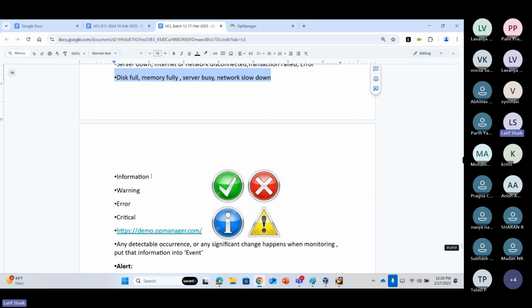These are the different types of events. Information: mostly successful events, successful login, successful transmissions, backup successful. Installation is successful, deployment is successful. Virtual machine created successfully, system restored successfully.